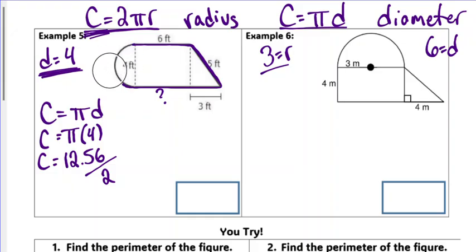And that tells me that that half circle is a distance of 6.28. The other one should be pretty easy to find. Those are the same length, so that's 6. And now we're going to add all those together. 6.28 plus 6 plus 3 plus 5 plus 6 is 26.28.